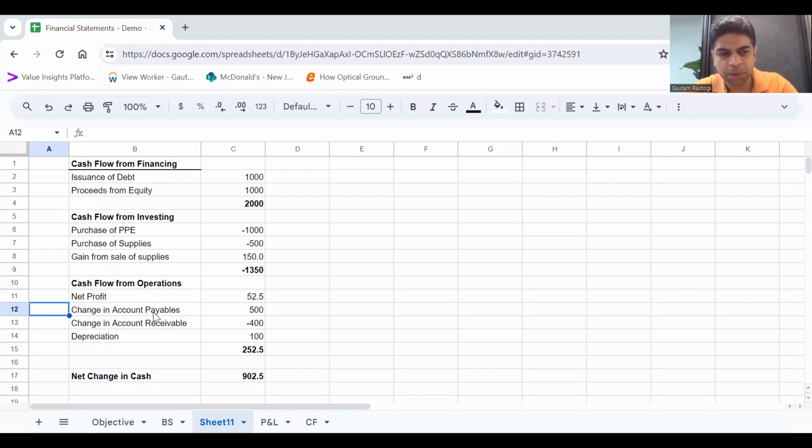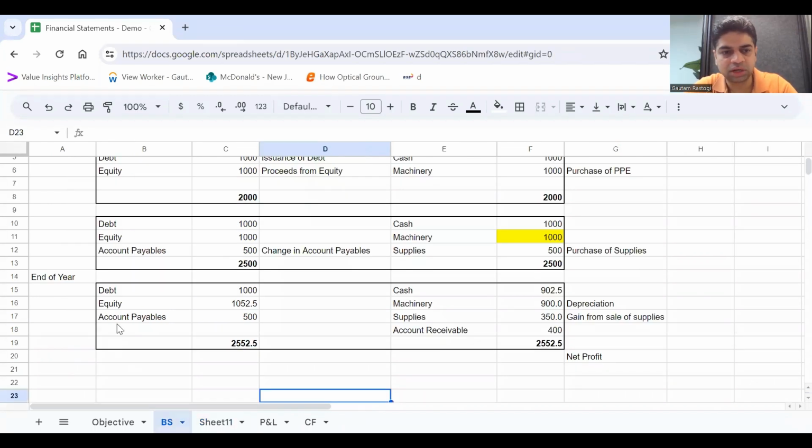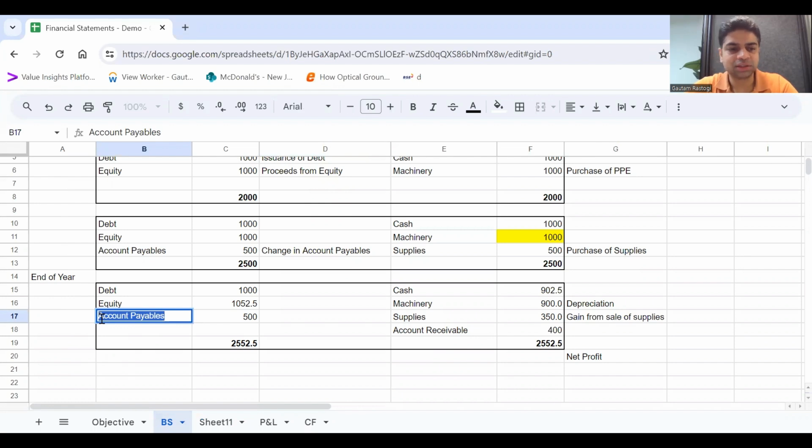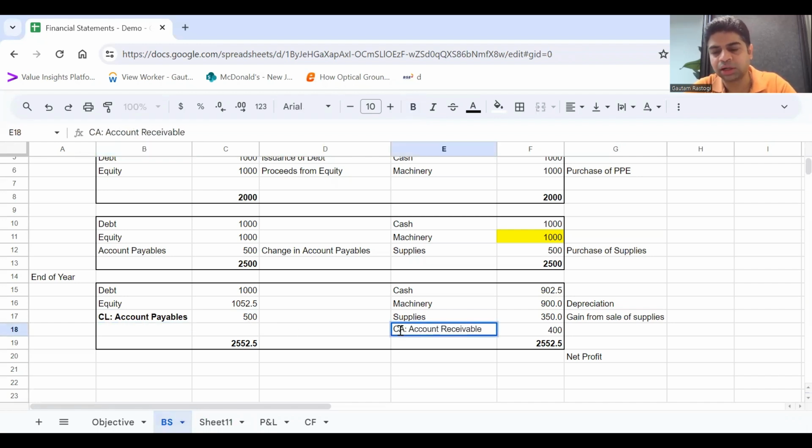So the changes in account payables and account receivables are nothing but change in working capital. Combined, they show you the change in working capital. And what is working capital for us? Let's look at these two line items again. Account payable is a current liability, a short-term obligation that you meet within 1 year. And your account receivables are your current assets, which are short-term assets you can liquidate and convert into cash in 1 year.